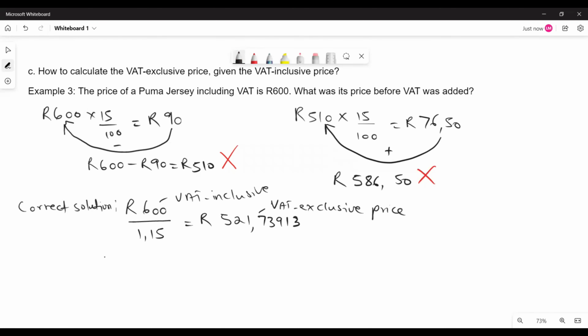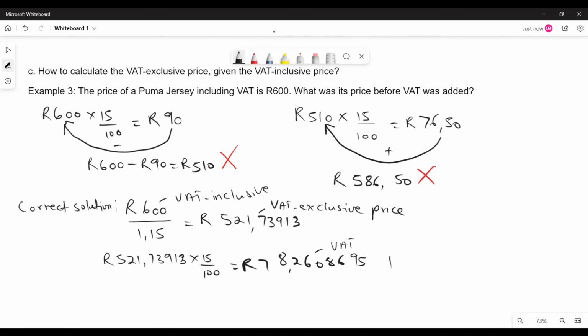So how can we prove if this is correct? We can simply take the 521 rands, 73913, and then we multiply it by 15 over 100. It gives me 78,2608695. So this is my VAT.